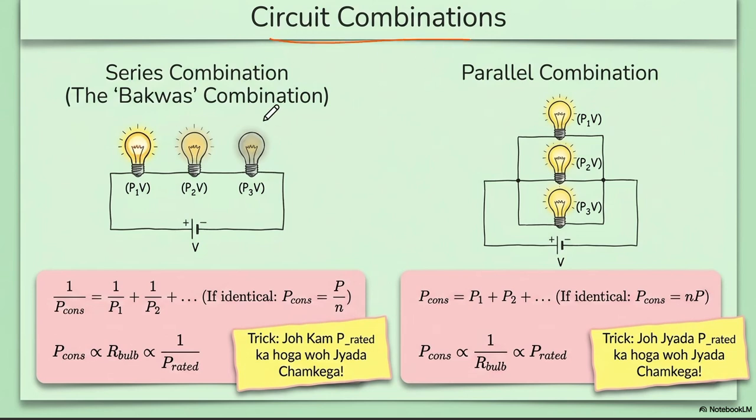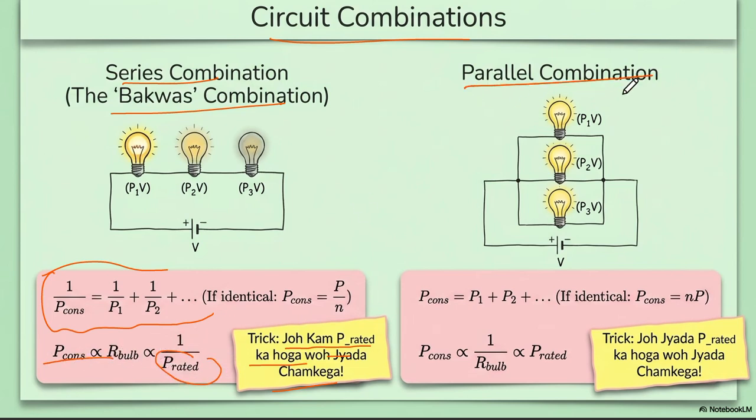Circuit combination. Okay, so if we connect the bulbs in series, then in the case of series connection, power we have to add like this: 1 by P1, 1 by P2 and 1 by P3 and so on. So in this case, the one with the lower P rated will glow brighter, because here power is inversely proportional to the P rated.